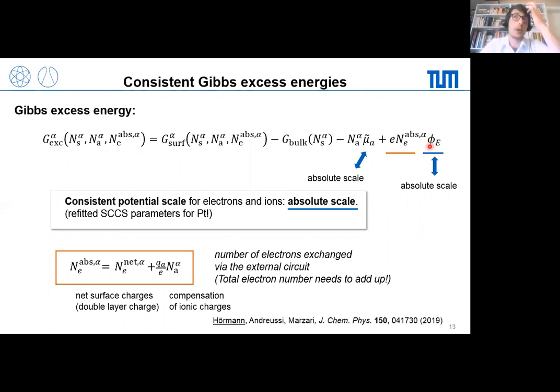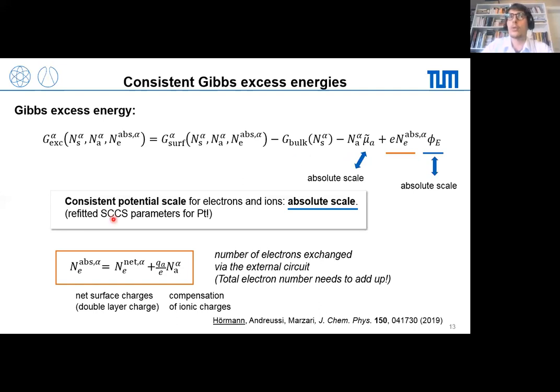What is important here is, in essence, that we treat all these energies on a consistent energy scale, and for electrochemical interfaces that also means a consistent electrostatic potential scale. Because we have electrochemical potentials of charged species, their value depends on the electrostatic reference scale, and for this reason we need to be careful how to choose and reference all those values correctly.